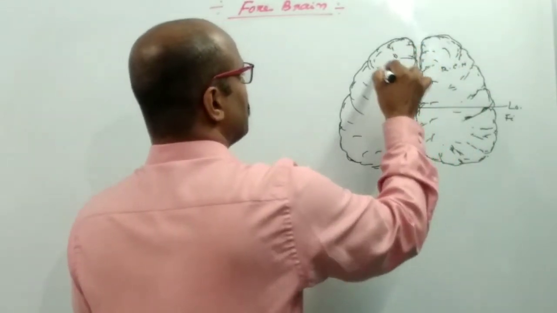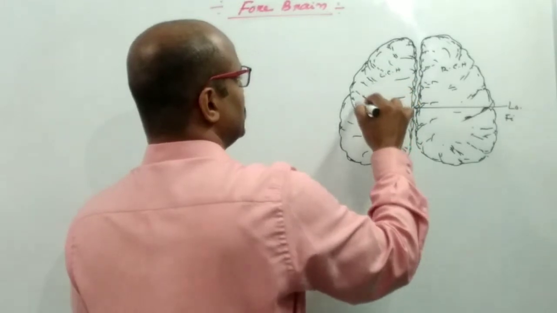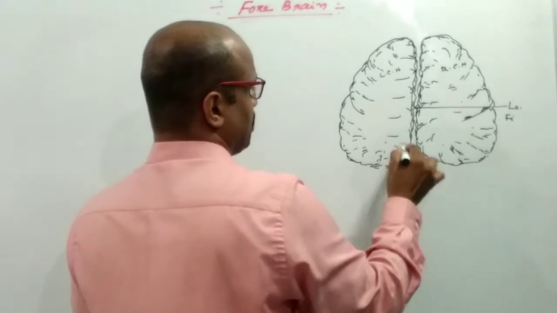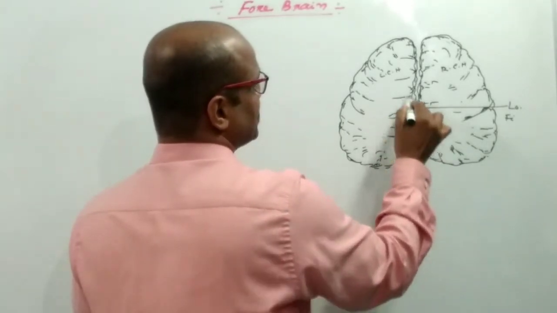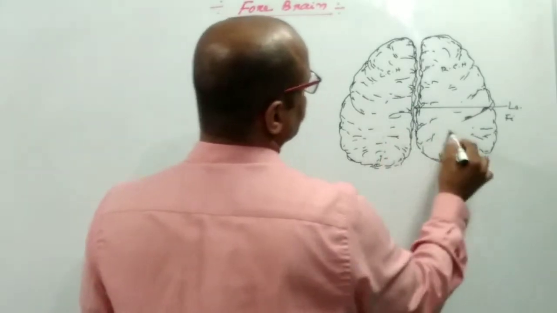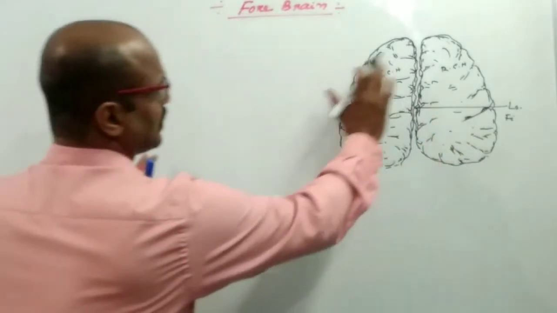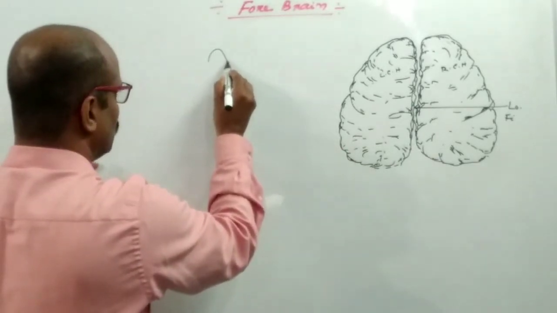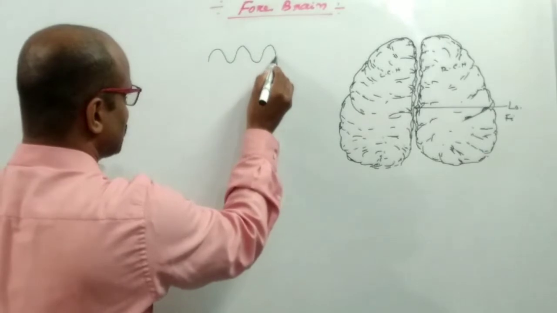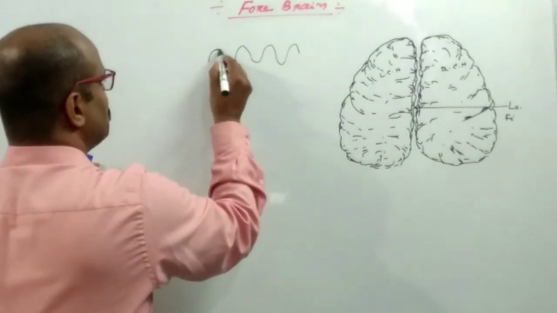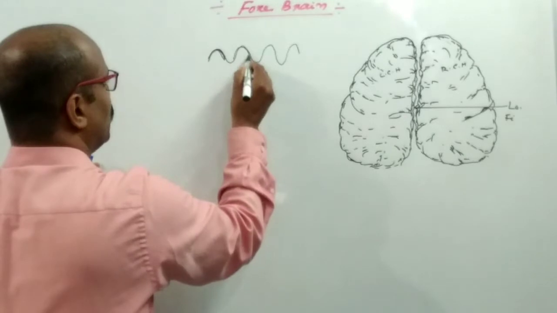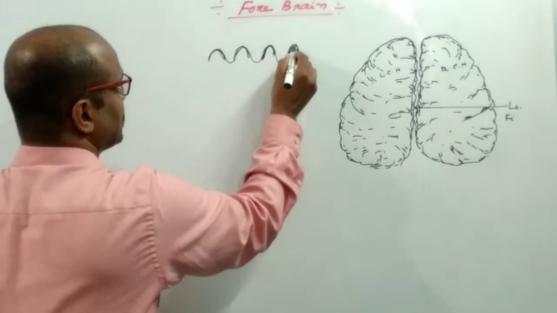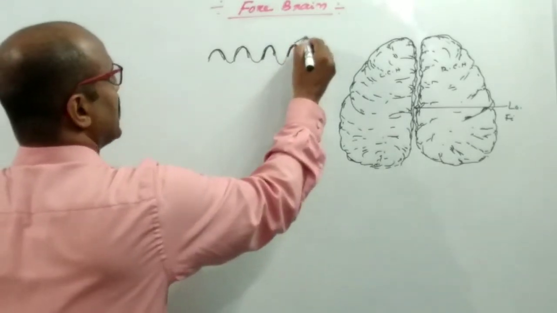The surface of the cerebrum has a number of folds, or convolutions, or ridges. Suppose this is the section: this is one fold, this is another fold, and this is another fold.